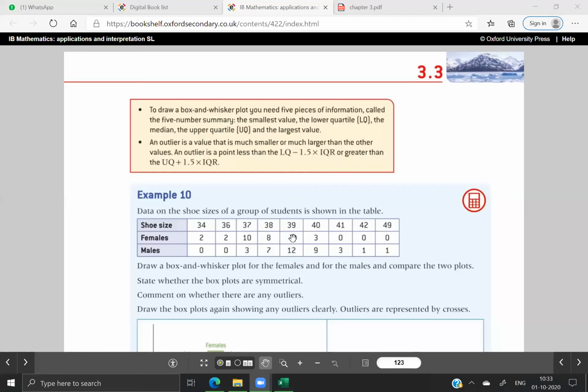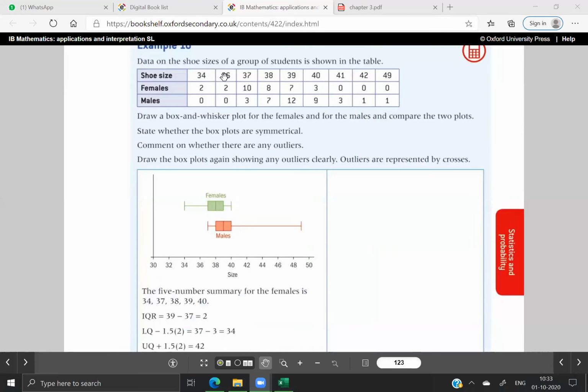I'll show you in this example how we use this. Now consider this example where shoe size is given, frequency of females is given, and males is given. Draw a box and whisker plot for the females and males and compare the two plots. So you feed in all this data in your GDC, and as I told you, you need those 5 values.